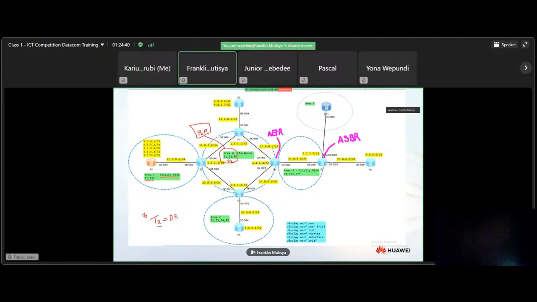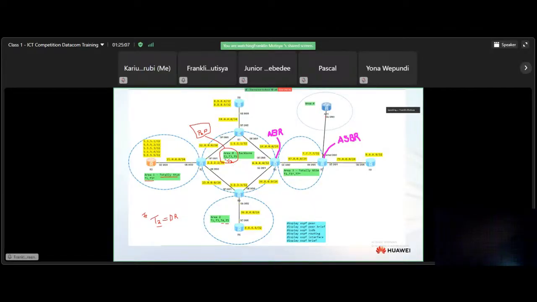Now, there are other areas that have not been defined as stub or not so stubby areas. In those areas, you can receive type 4s and type 5s. In other words, at the backbone, you can also have type 2 LSAs if the network type is broadcast.